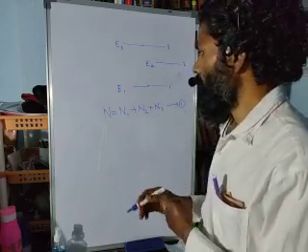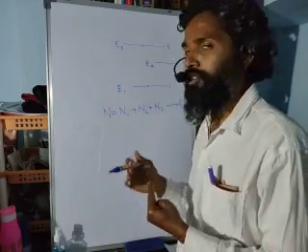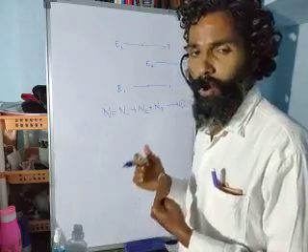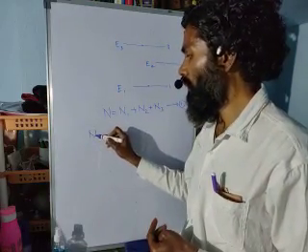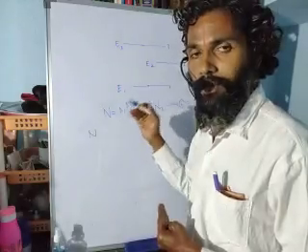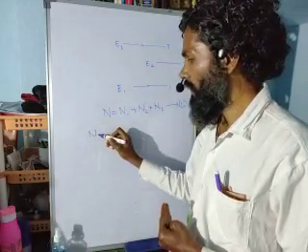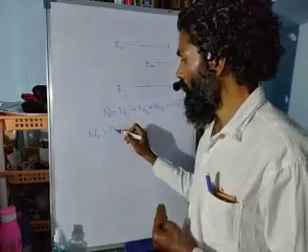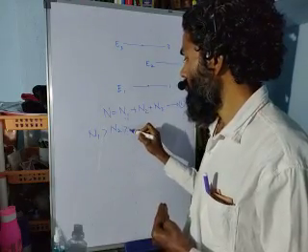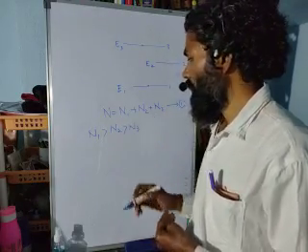By Boltzmann's distribution, usually we have this inequality for the number densities: N1 is always greater than N2, and that is always greater than N3.